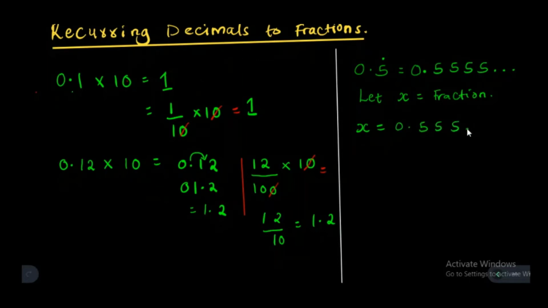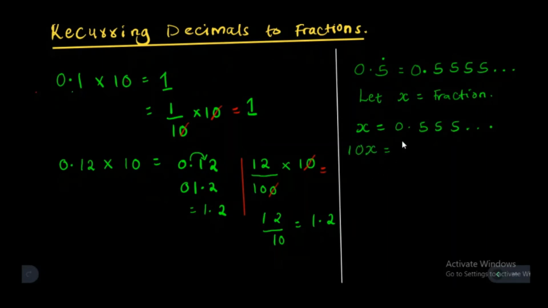The next step is to multiply this fraction by 10, 100, 1,000, and so on. So you're basically multiplying by powers of 10. When there's only 1 number that is recurring, you're going to multiply by just 10. So if I multiply x times 10, I get 10x.